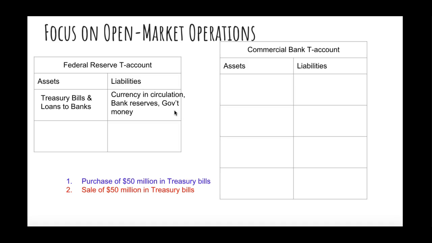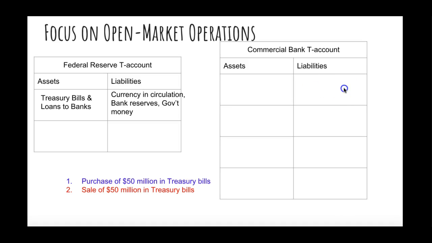The only other thing that I want to add over here with the commercial banks is that keep in mind that we already know the assets of commercial banks. We already talked about the bank reserves. We talked about loans, but also treasury bills will also be an asset to a commercial bank if a commercial bank owns a treasury bill.